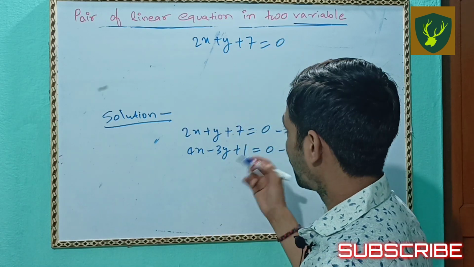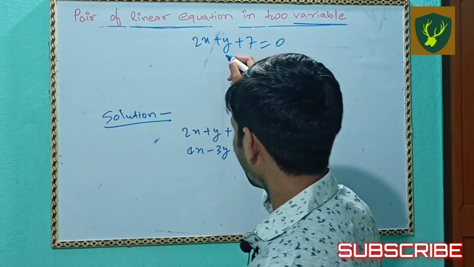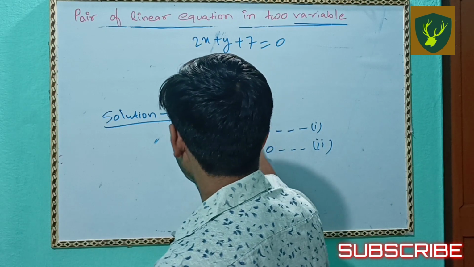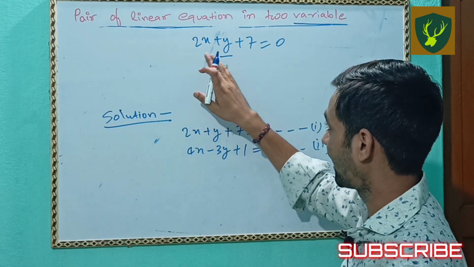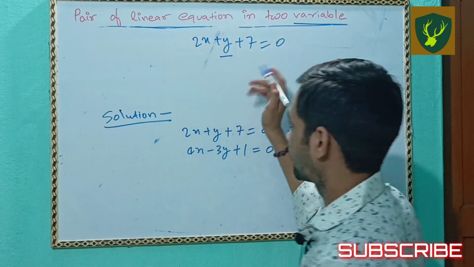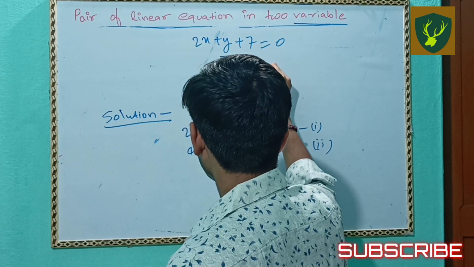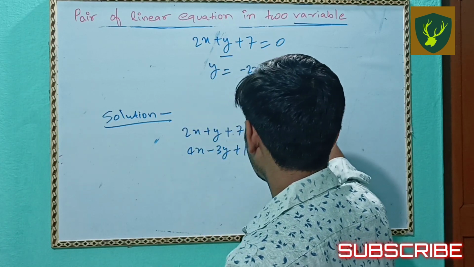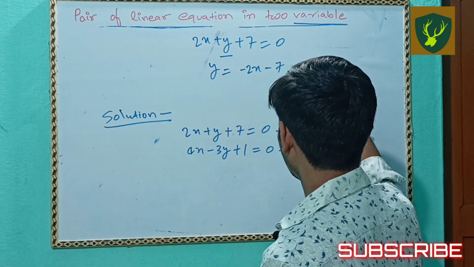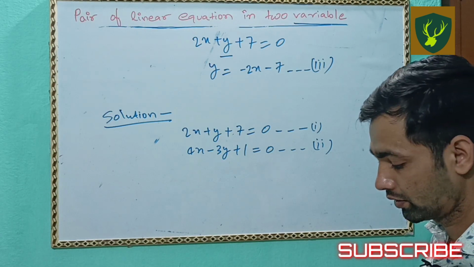First, now I am expressing y in terms of x. It means y will be on this side, and other than y will be moved to the other side. That will be y equal to minus 2x minus 7, and this will be assumed as equation 3. Got it?